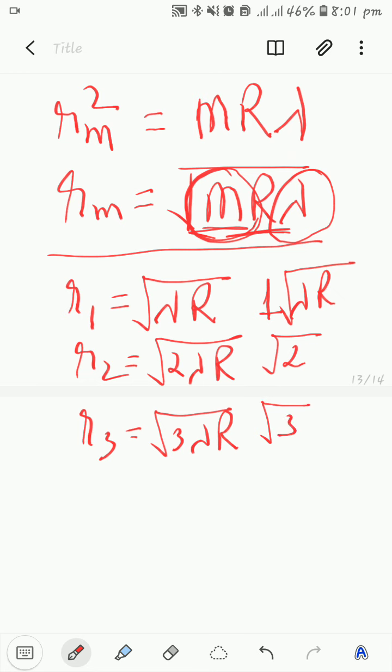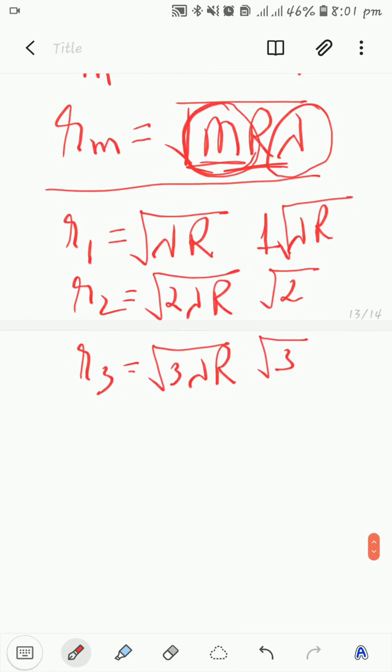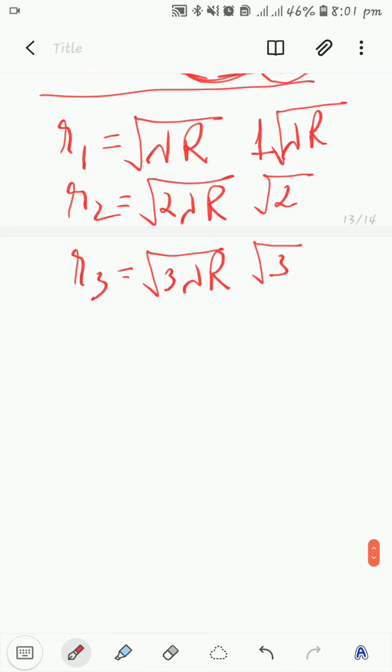So what we can say is that the radii of the dark fringes or dark rings are proportional to the under root of natural numbers. Also, rm is directly proportional to under root of lambda, so we can say that the radius of the mth dark ring is proportional to the under root of wavelength.